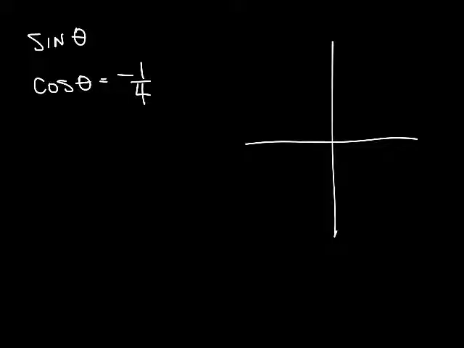So all they're asking you to do, if we were to look at 56, is they want you to find the sine of theta, if the cosine of theta is negative 1/4. And we're in which quadrant? The second quadrant. So there's our line. We draw that. And cosine, we know, is x over r. So we know that this is negative 1 and this is 4.